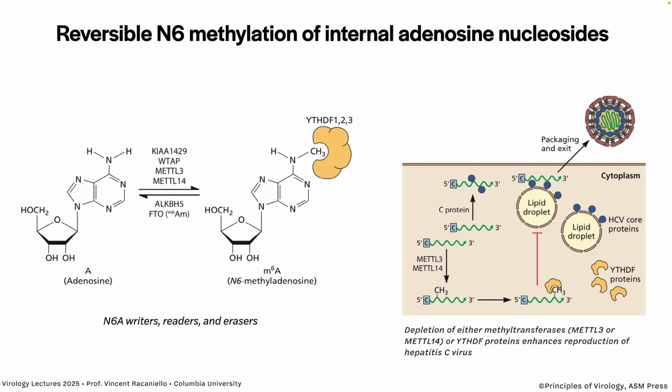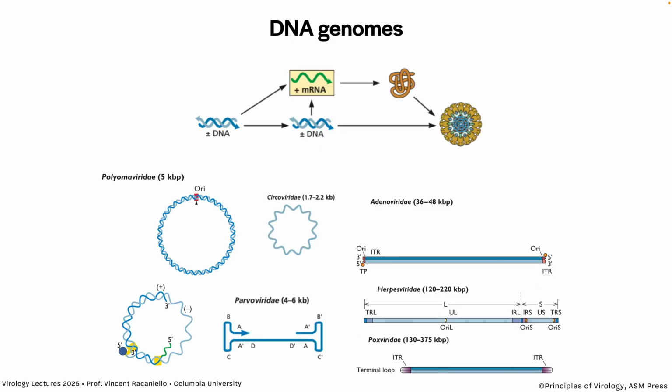And so if you deplete the methyltransferase or the readers, you can increase reproduction of hep C. So this is kind of an antiviral effect of the host cell. It methylates the viral genome and inhibits its reproduction. So beyond translation and splicing, lots of different activities with mRNAs.